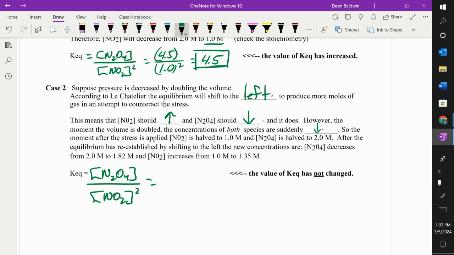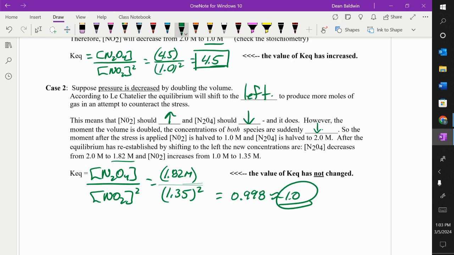N2O4 is 1.82. NO2 is 1.35, but it's squared. If you do that, you're going to get 0.998, which is actually 1. And the KEQ is the same. Okay?